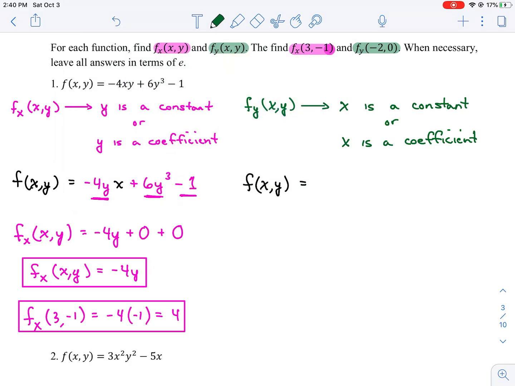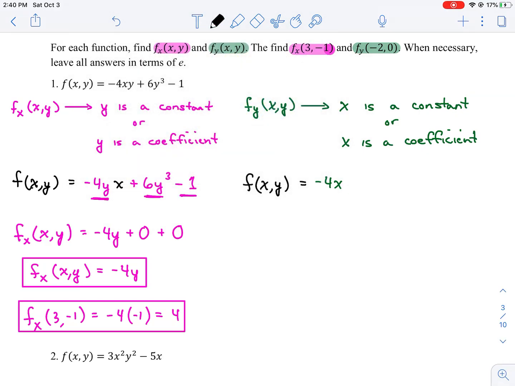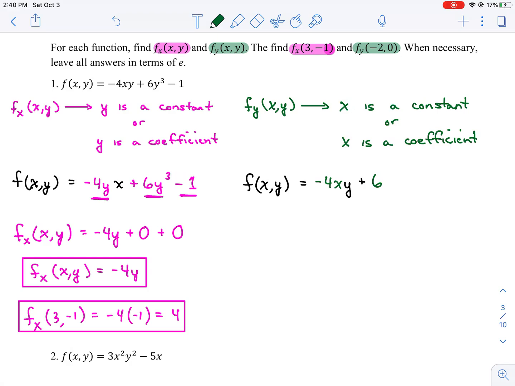So in the first term, -4x is the coefficient of y. In the second term, 6 is the coefficient of y cubed. And in the third term, 1 is a constant.